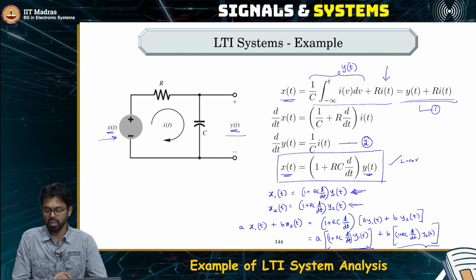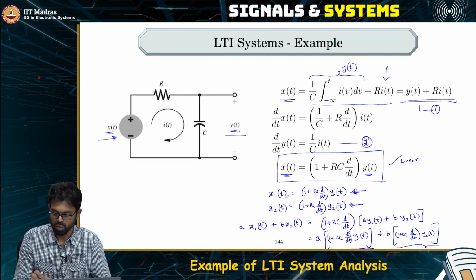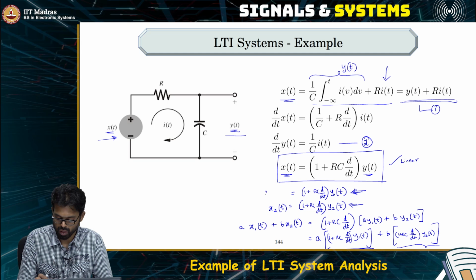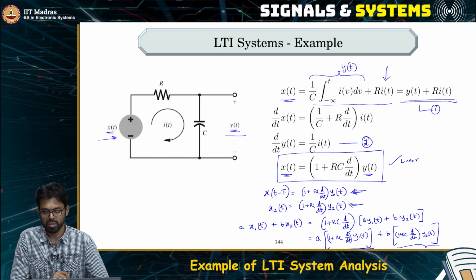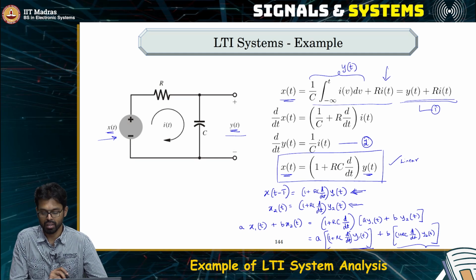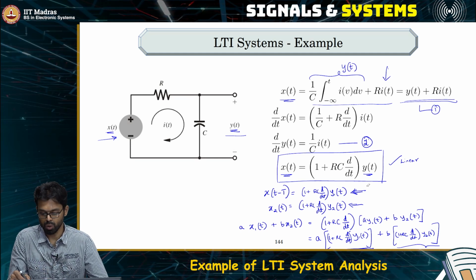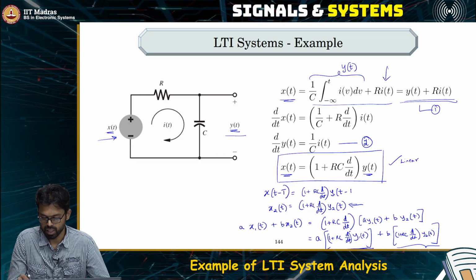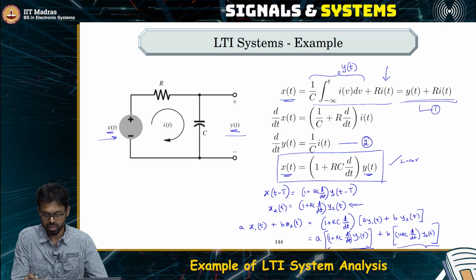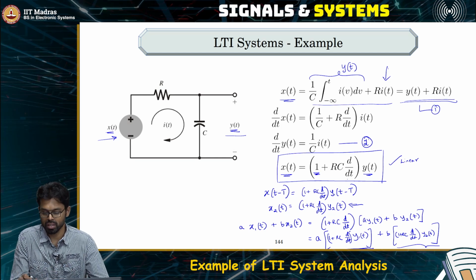Now is this time invariant? Now what if you feed in x of t minus some capital T? So what happens? So when you feed in a signal which is time shifted, what happens to the output here? The output also gets time shifted here, right? Because this is not a function of time and this is a derivative.